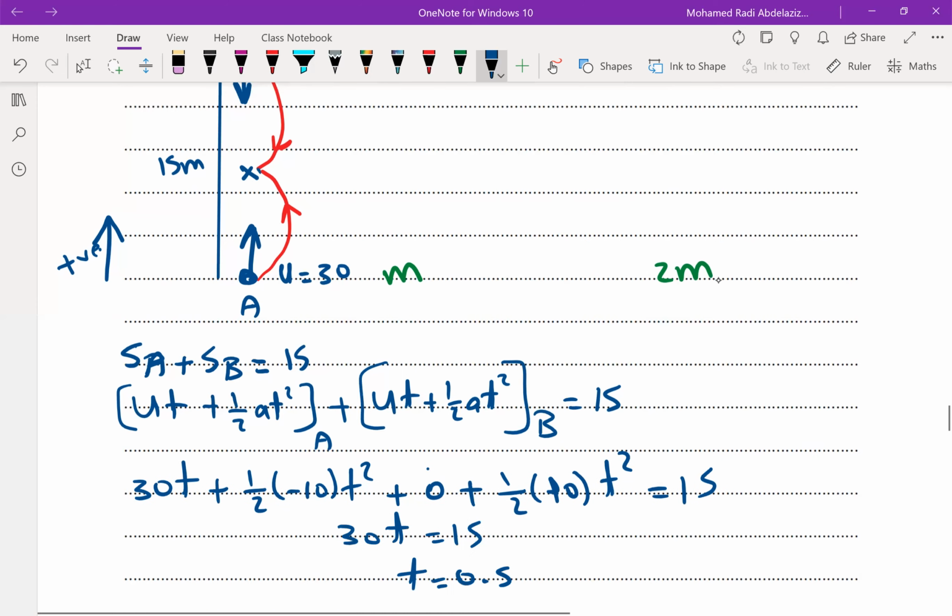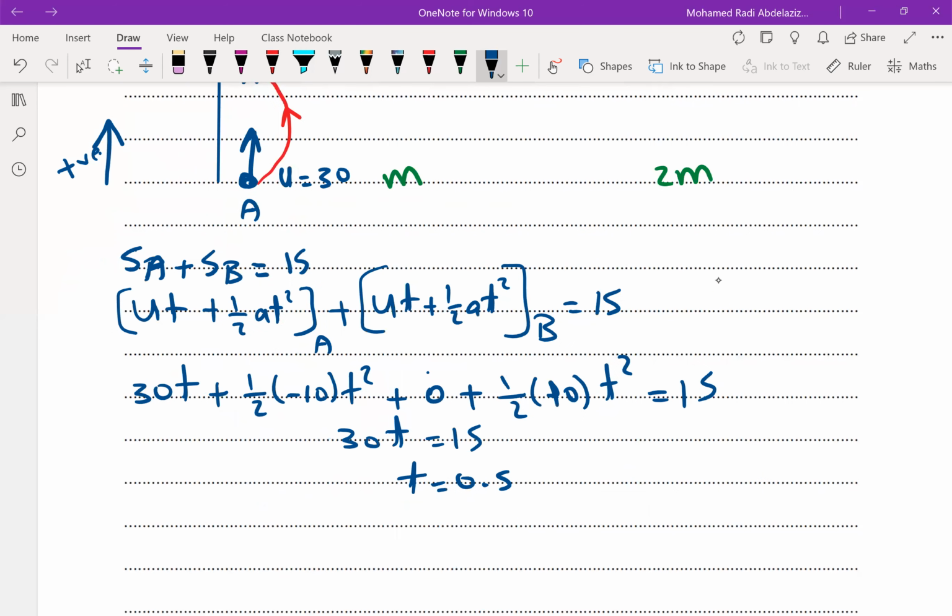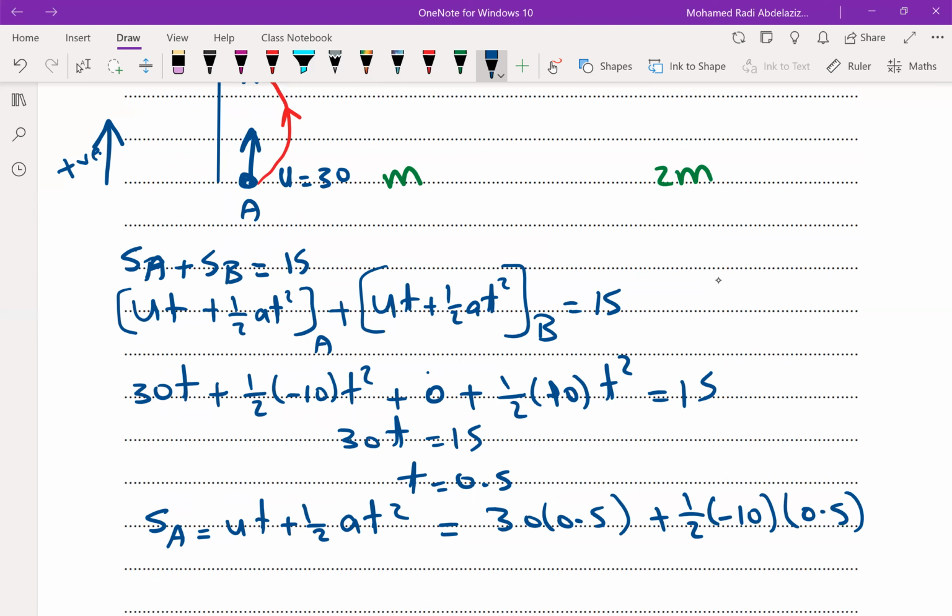Also, you can find the velocities of each and the displacement. For displacement, say the displacement of A, which is ut plus half at squared. The initial velocity is 30, the time 0.5, plus half times negative 10 times 0.5 squared. Find this displacement by calculation to get s of A. Or you can find the displacement of B. So they meet at a height by calculating the value of s.